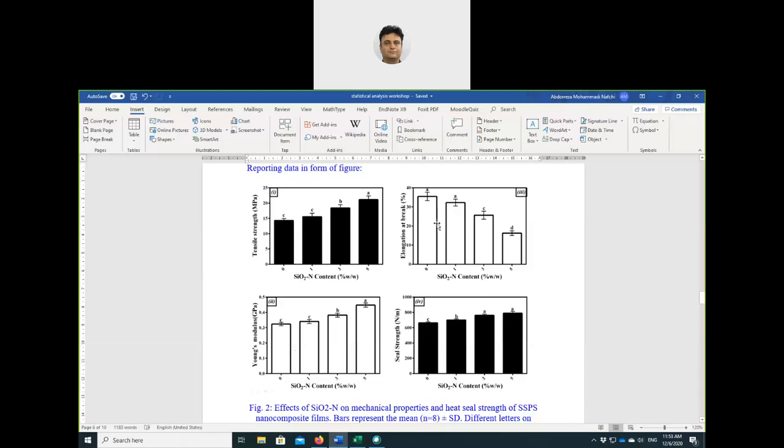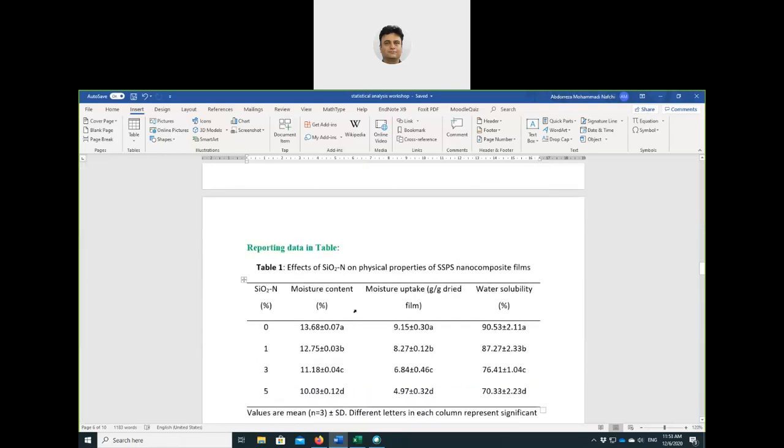And as I told you, you need to start from the higher amount, starting with the first letter A. Here you can see it starts from A at this one. You need to be consistent in reporting. So if you want to report a good result, you need to have mean plus minus standard deviation and also include the inferential statistical analysis in both tables.